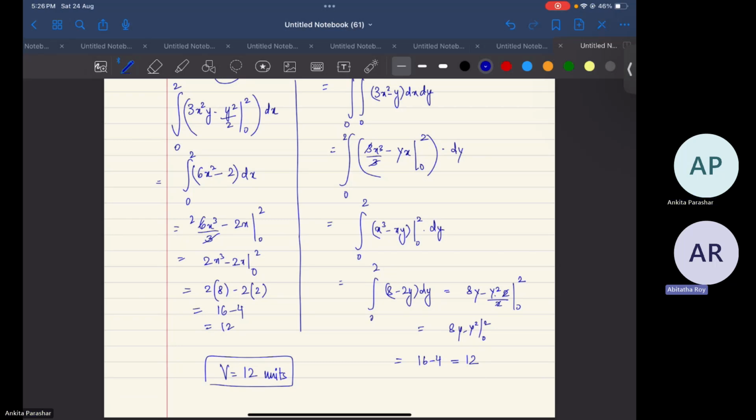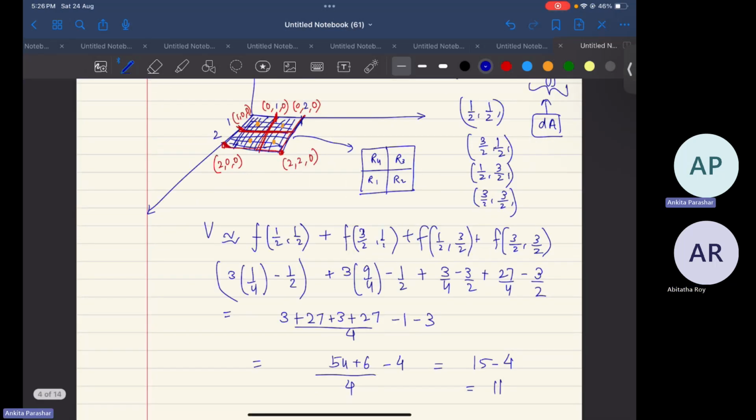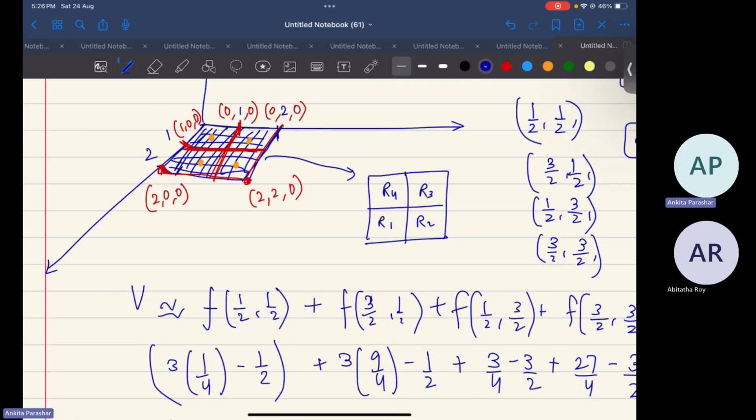Exact was 12, right? So we are very near to our exact answer, and the issue is that we have partitioned the set into only one partition. If I partition this square more, then it would have given me a finer, closer answer to 12.